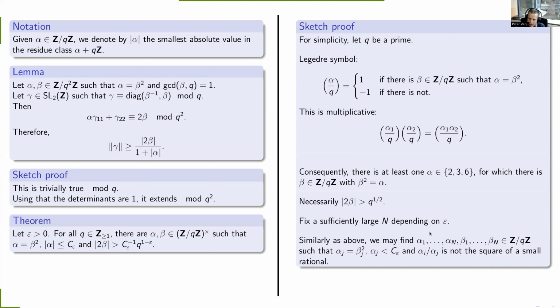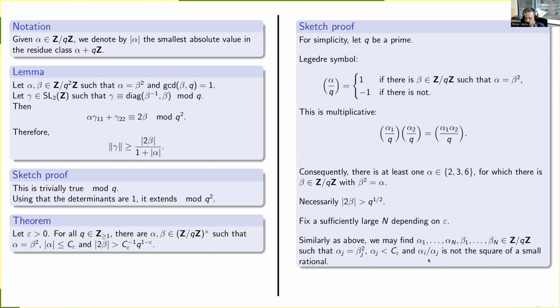And I'm going to find some alphas, alpha 1 up to alpha n, and corresponding betas, beta 1 up to beta n, in Z mod QZ, such that alpha j is the square of beta j, and the alphas are bounded by some constant depending only on epsilon. Well, they really do depend on capital N, but the capital N depends only on epsilon.